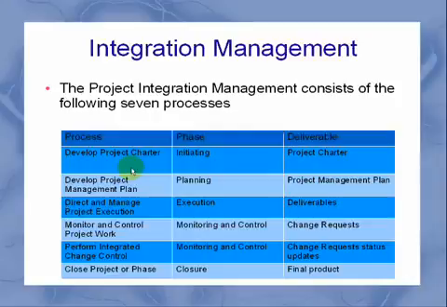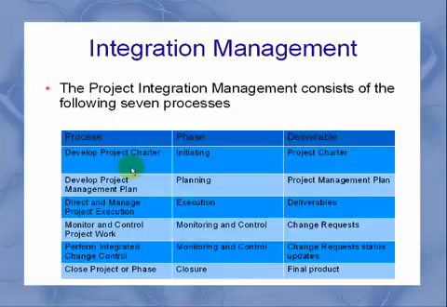So for the project integration management, those 7 processes are: the first process is develop project charter, which is in the initiation phase, and the key deliverable for this process is the project charter.